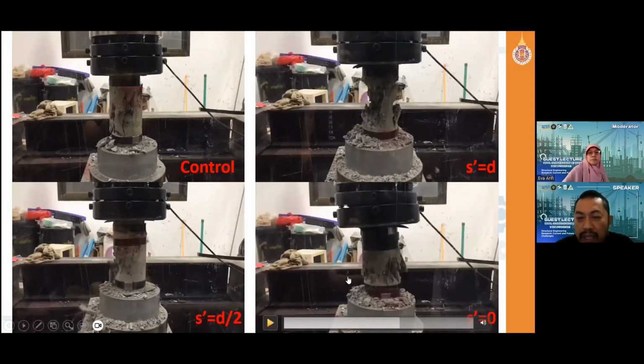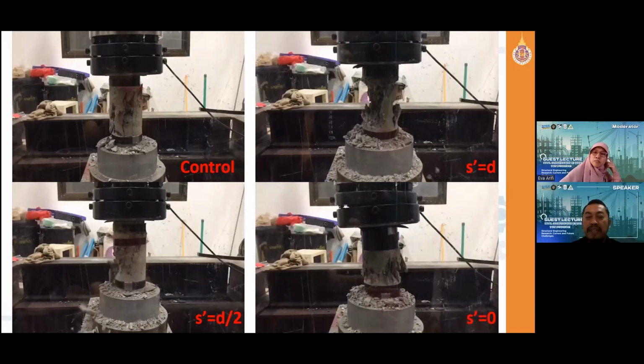This one increased 50%, which is a lot. So I would say that if you have a column and you want to increase the axial capacity, this is another choice or another way of strengthening solution.